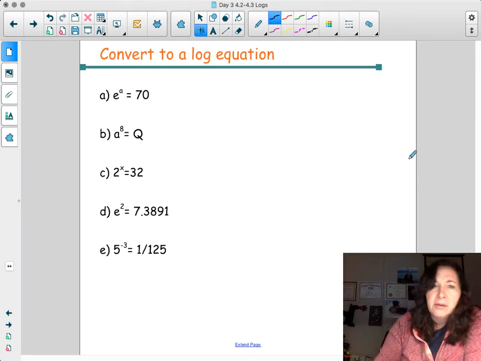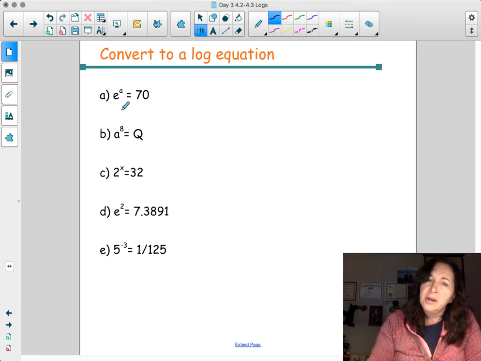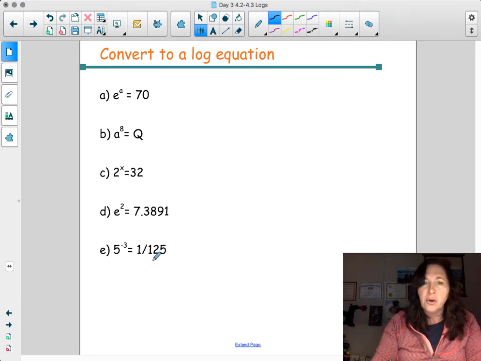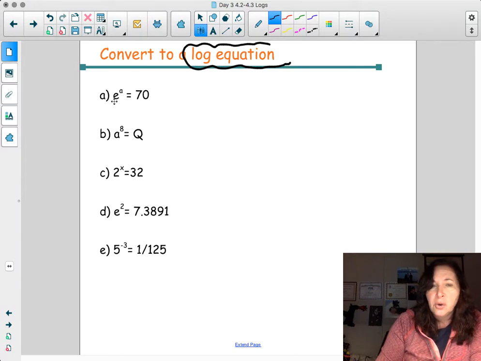These are just some conversions that I'd like you to do. I would turn off the video or pause it and then start it again, just for you to go through and practice these and then check your answers. They want these to be log equations, so they want them in log form. To get this base here, I would say that's log base e of 70 is equal to a.